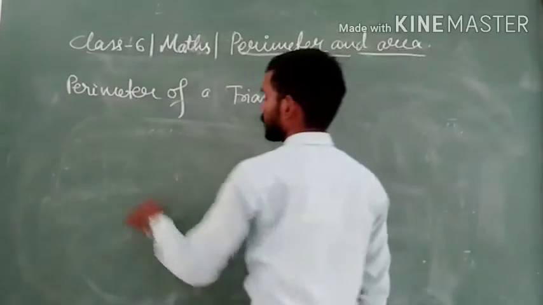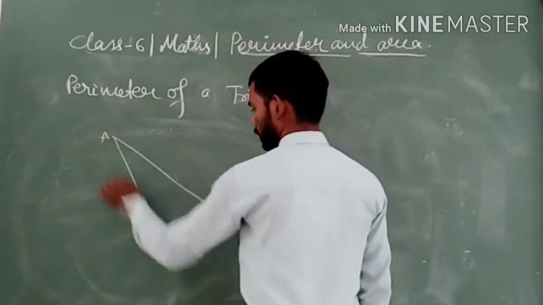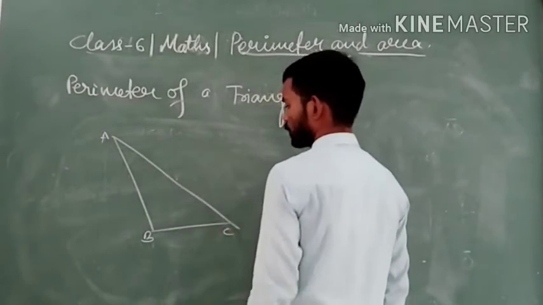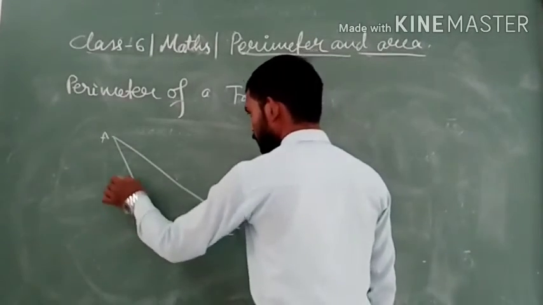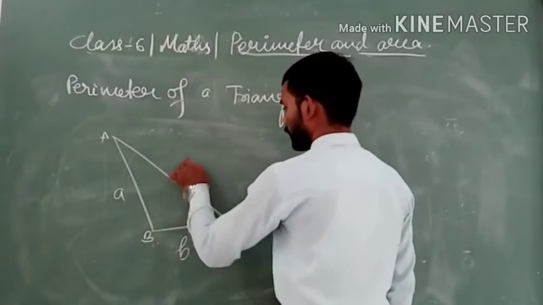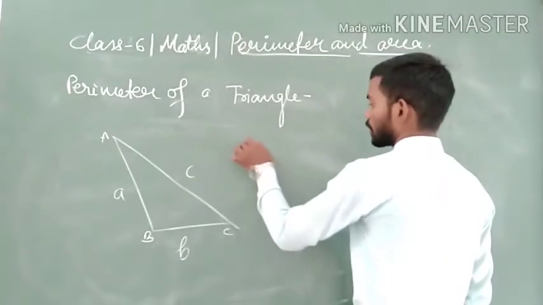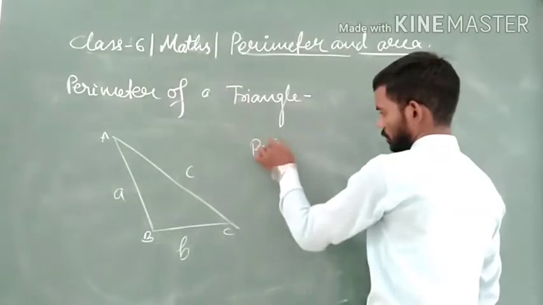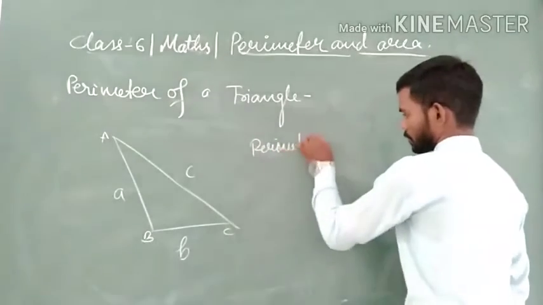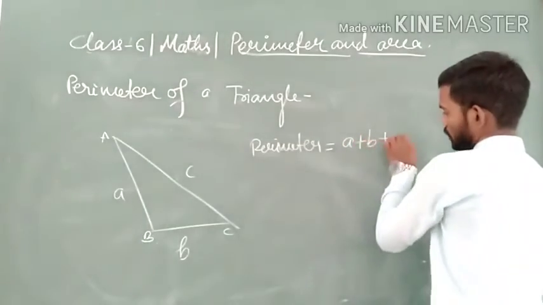So in this case, if this is a triangle ABC, and the length of AB is small a, BC is b, and this is c. So in this case, we get perimeter is equal to a plus b plus c.